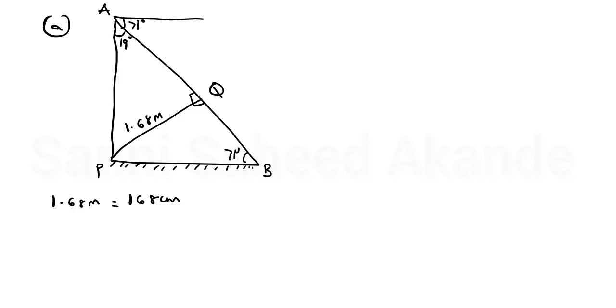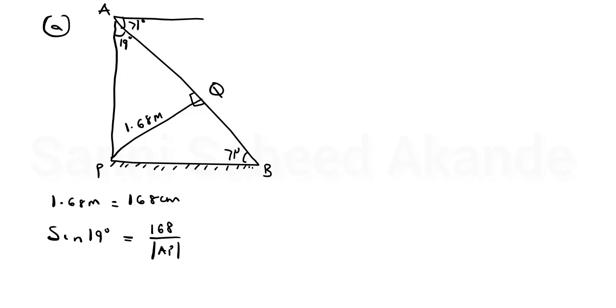Now let's use sine theta, which is sine 19 degrees. Sine is equal to opposite over hypotenuse. My opposite here is 168, divided by the hypotenuse, which is side AP that I am told to find.